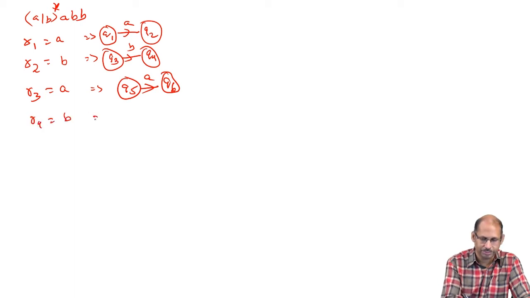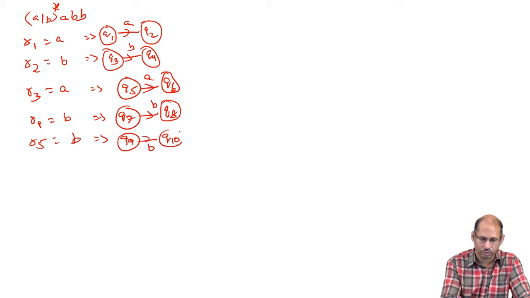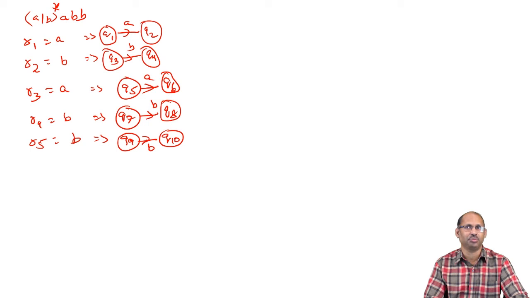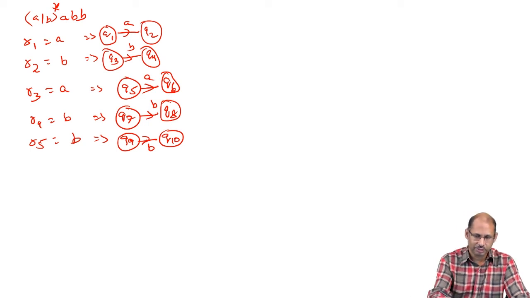R4 is B, Q7 on B goes to Q8. Then R5 is B, Q9 on B goes to Q10. For all the symbols, we have written the regular expressions and the corresponding finite automata. Now, what is the first step?